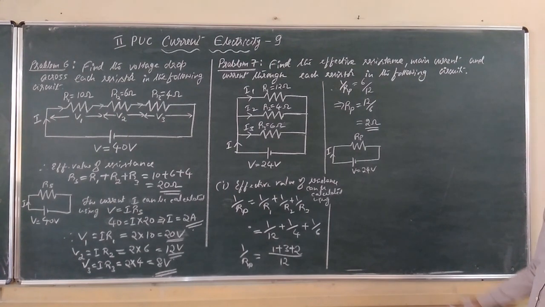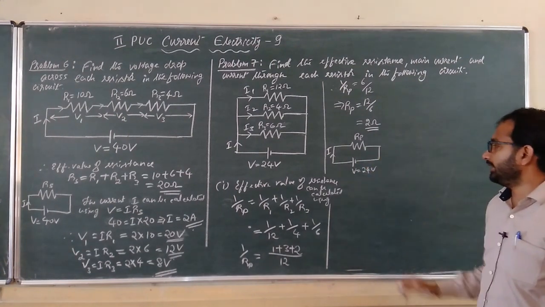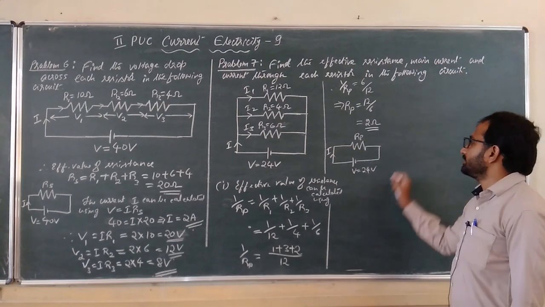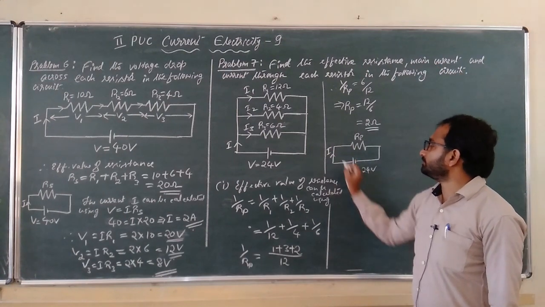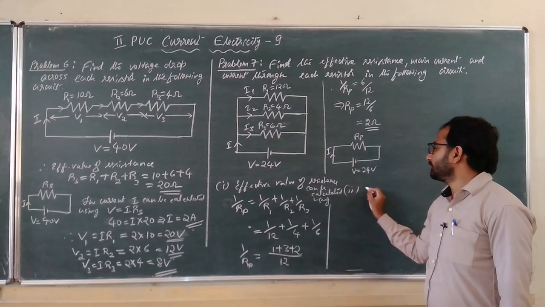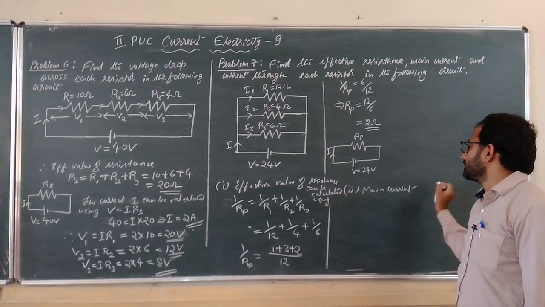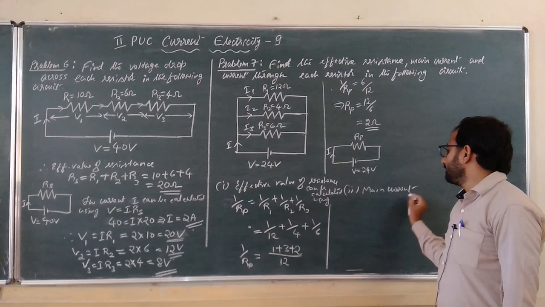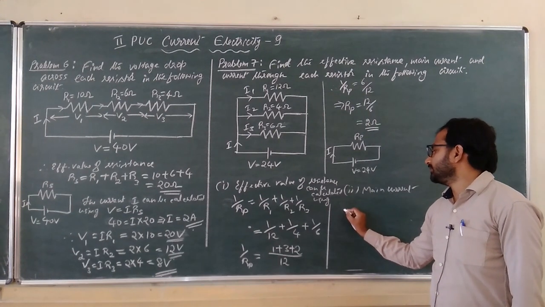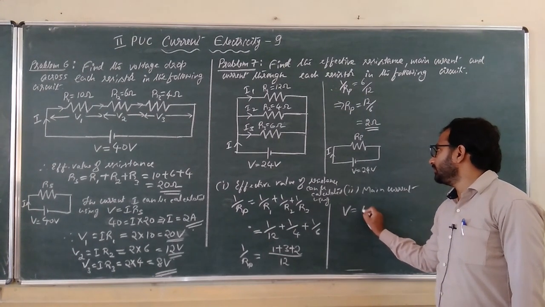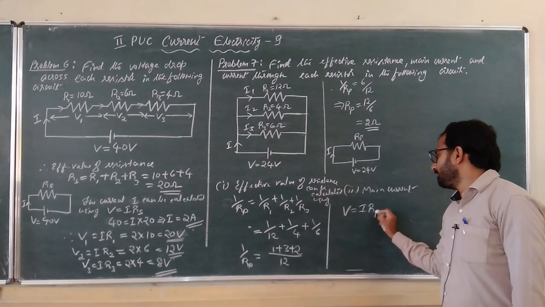So using this, how do we calculate the main current I? The second one is the main current, that is the current drawn by the combination. V is equal to I into Rp.